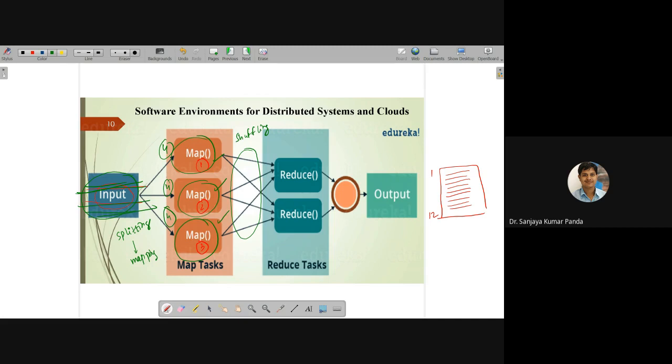That is called the process of shuffling. Then after shuffling, you apply the process of reducing. Reducing will consolidate the shuffled values. Then these values are reduced to a single file, and finally the output is generated. These are the simple steps followed by the MapReduce program.